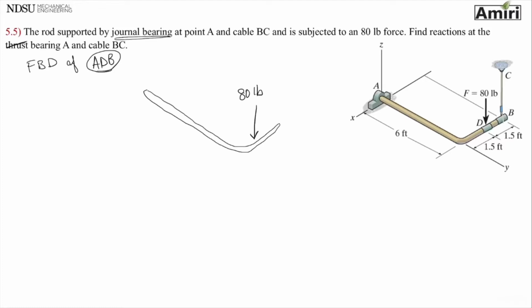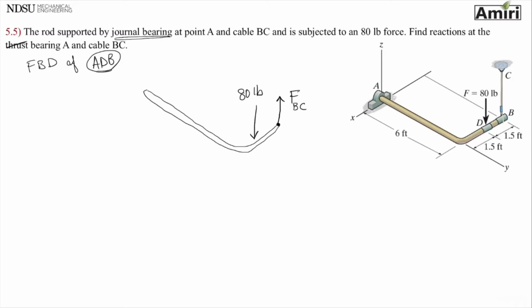I have cable BC, point B. Cables are always in tension, meaning going away from the point. So I'm just going to put FBC or TBC. And then I have a journal bearing. You have to go back to my lecture on supports in 3D format when I talk about journal bearings.